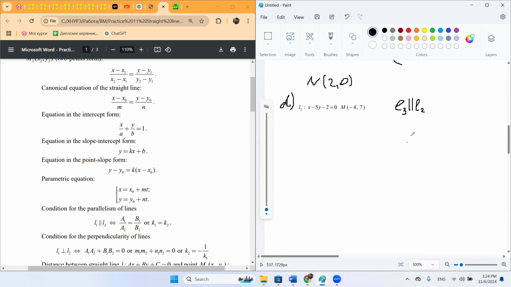So how to find it? Based on the information that we already have here, what can we use to find L3? No ideas.